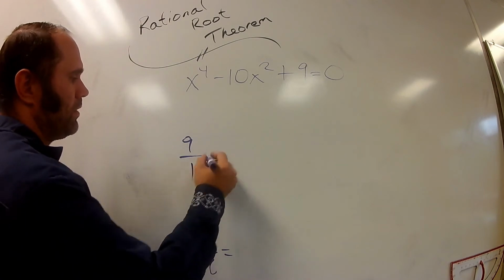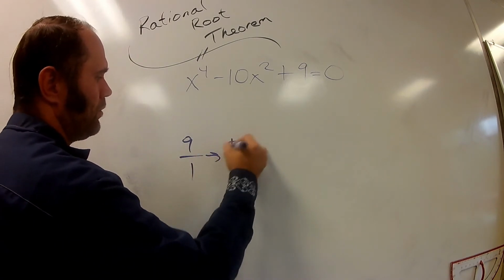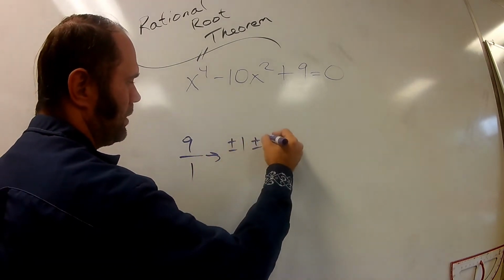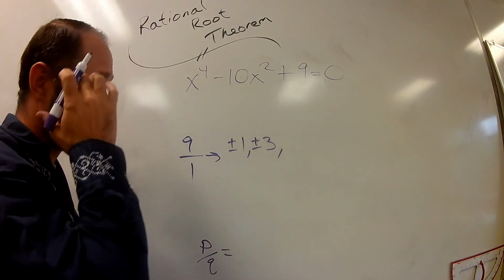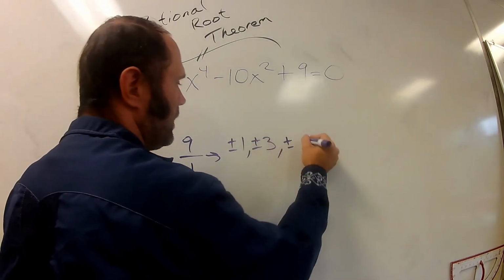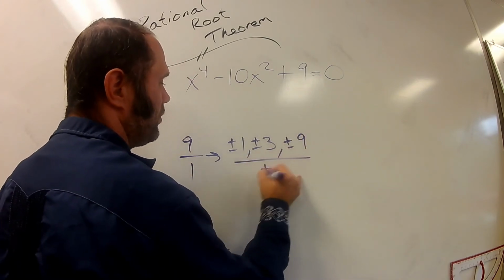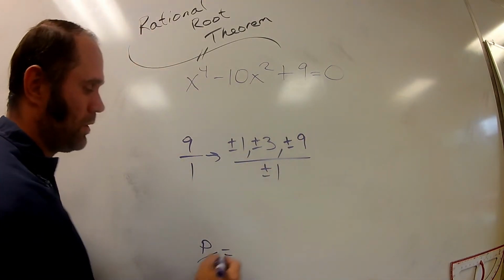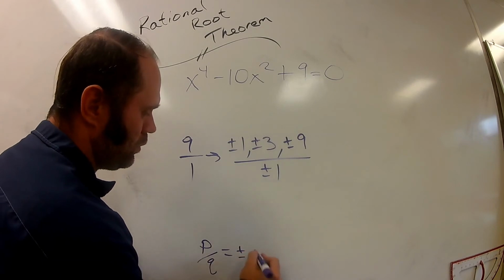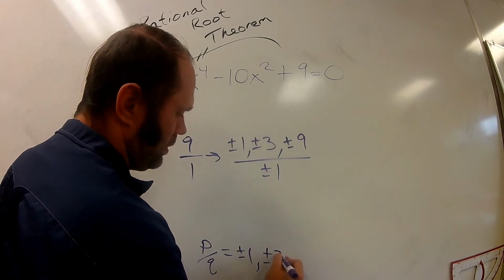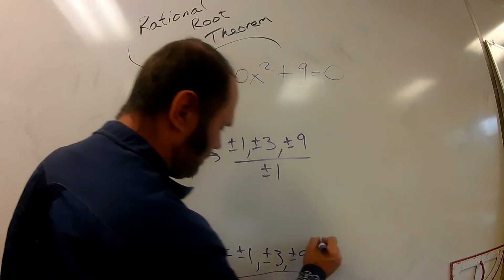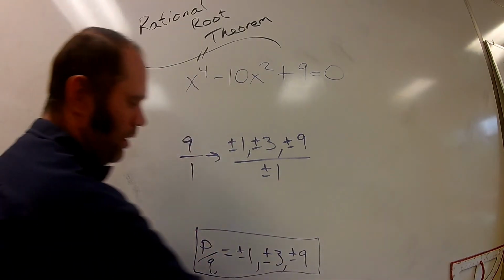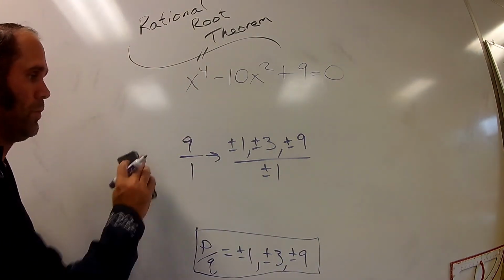This becomes plus or minus 1, plus or minus 3, plus or minus 3 again, which we don't want to write twice, and then plus or minus 9 over plus or minus 1. So this is another nice one where we don't have too many options. Those are all of our possible solutions.